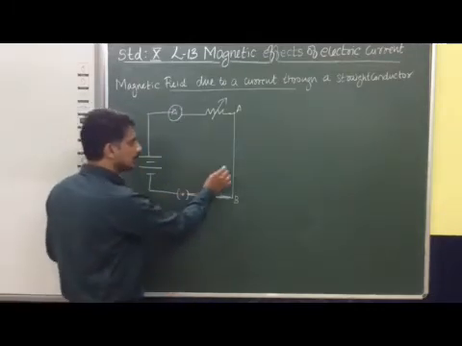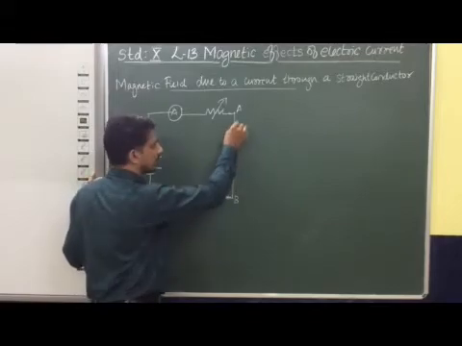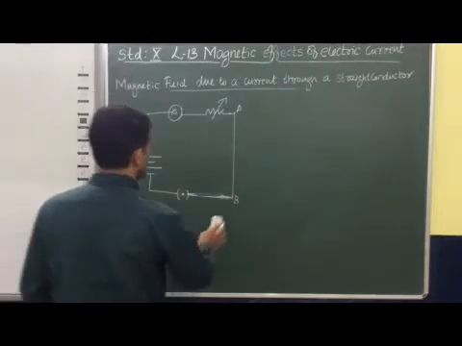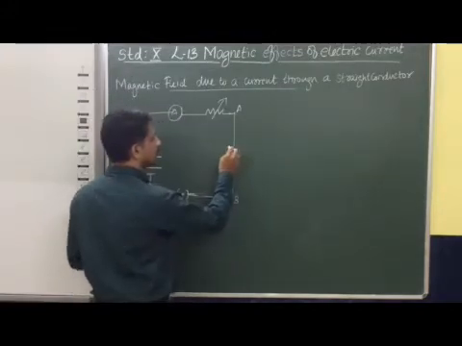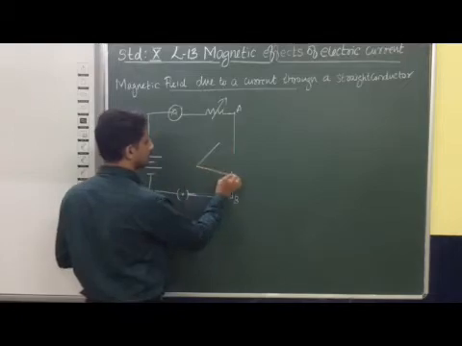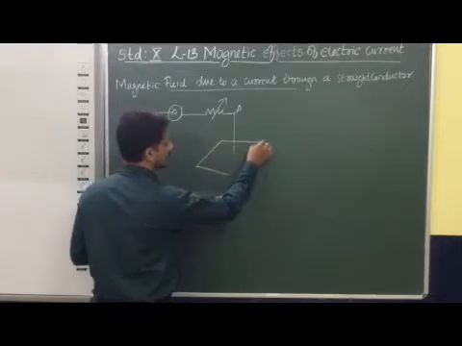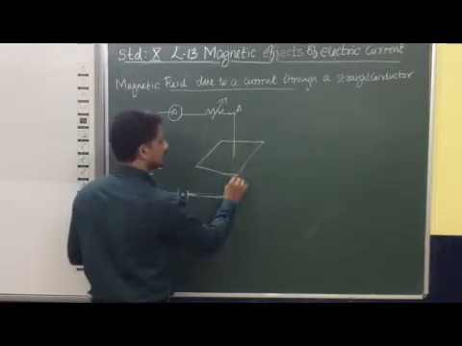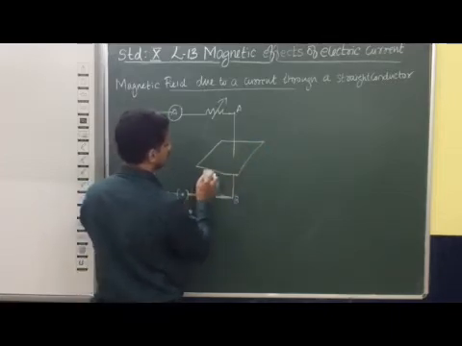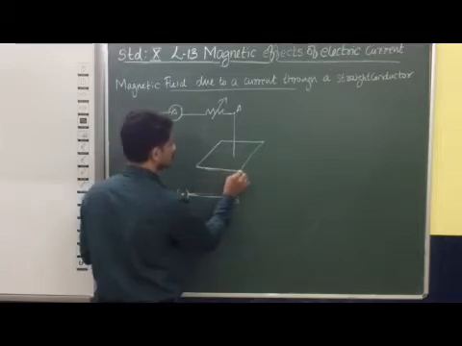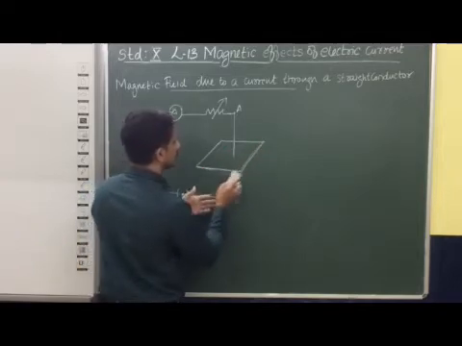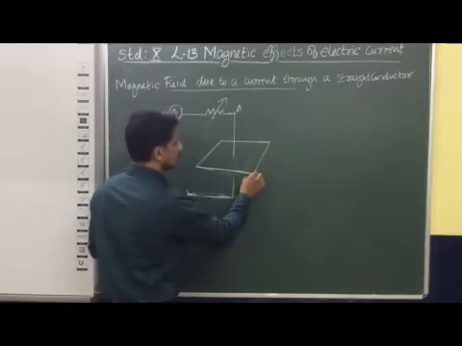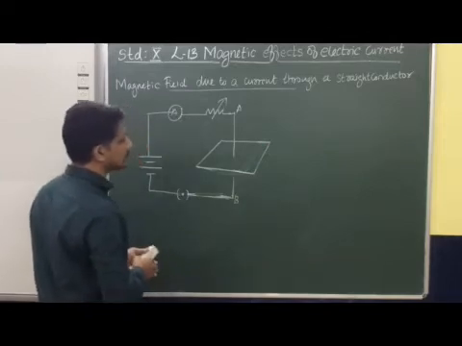Suppose this current carrying conductor AB is passing through a cardboard sheet. You can observe an arrangement like this: some sheet is there in this way, and this conductor AB is passing through it.